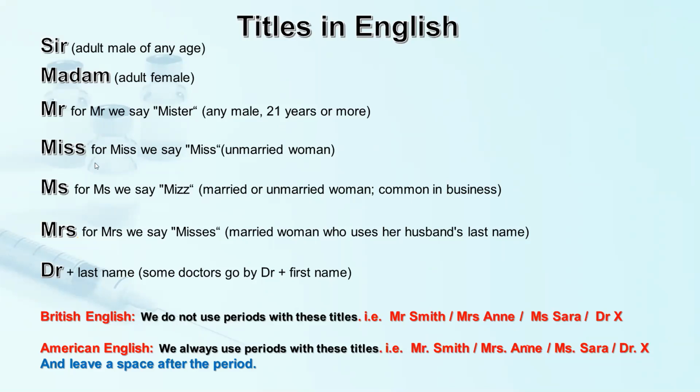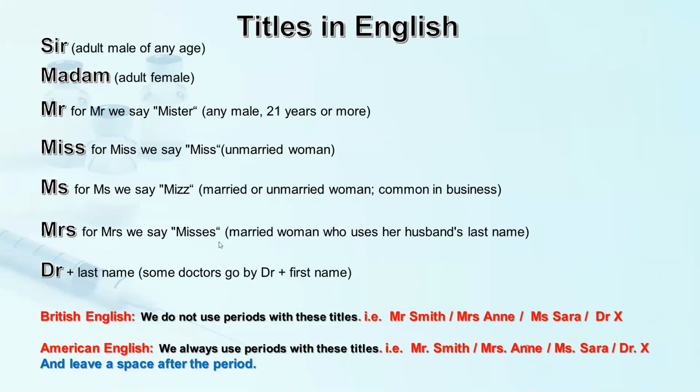For Miss, we say Miss for an unmarried woman. Ms. is pronounced like Ms, not Miss. So this is the difference between these two titles. Ms. is for a married or unmarried woman, common in business.